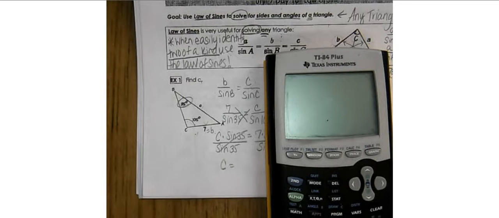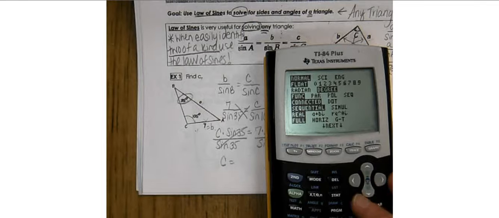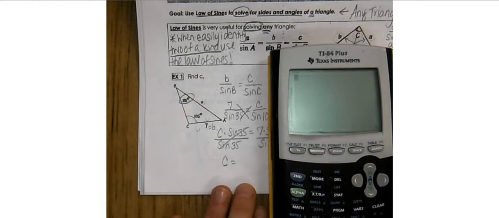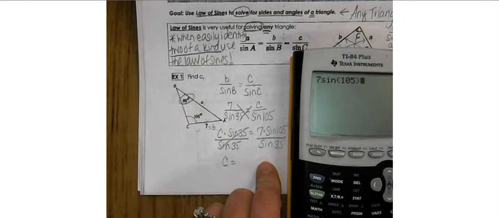All right, hopefully you have a calculator by now. So verify that your calculator is in degree mode. You press mode and verify that it's in degree mode, or look at your scientific calculator and make sure you can see a little d. And I'm going to put in 7 times the sine of 105, and I'm going to close my parentheses.